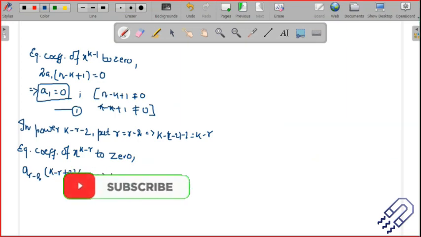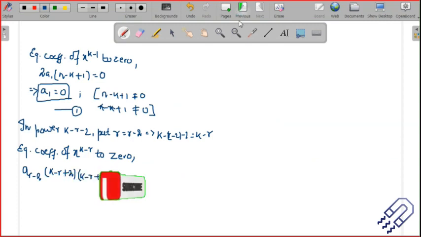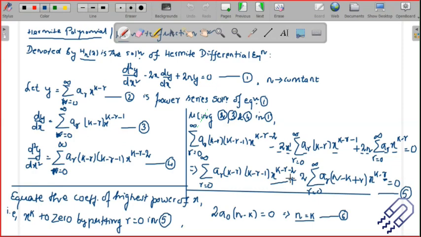What about the second expression? Can we get k minus r? The answer is yes, because you have it as k minus r. And this particular expression also, you should be getting it. Where is it? Yeah, this one, right?